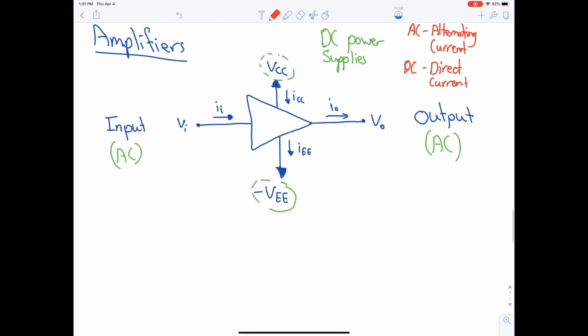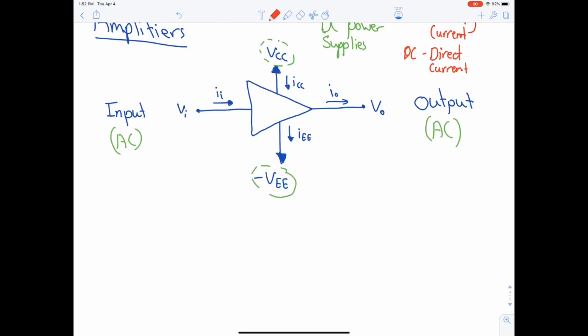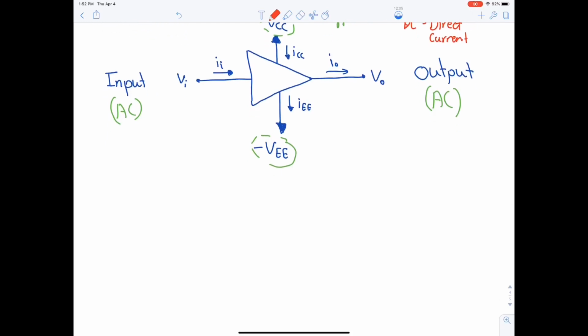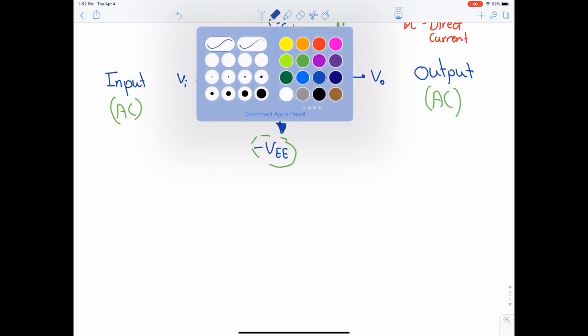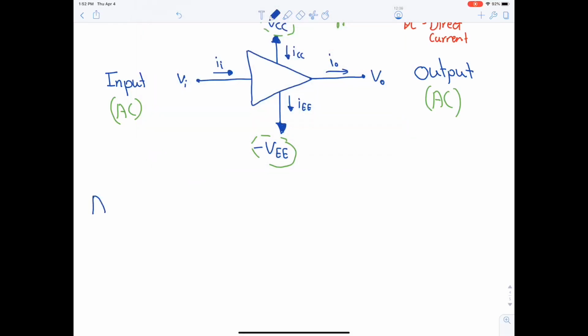Let's move on. One of the equations that we have in amplifiers is the voltage gain.